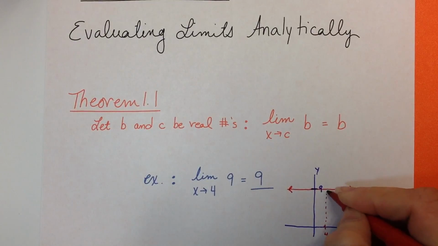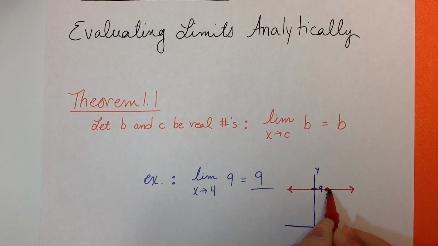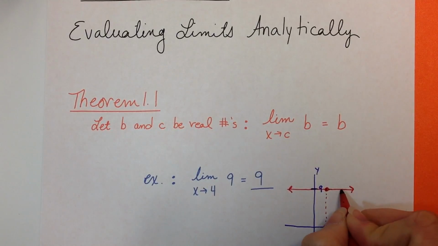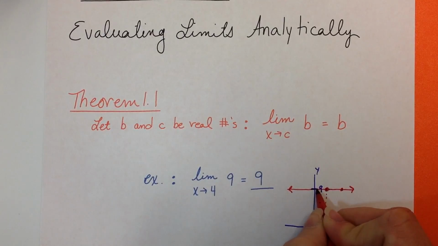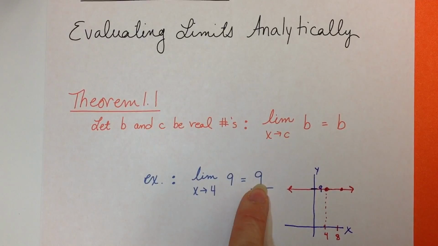If you go up, locate that on your graph, and approach from the right hand side and from the left hand side, the y value that you're approaching each time is still going to be 9. Even if I came down here and said, okay, well let's do as x approaches 8. Same thing. If I look at it from the right side, look at it from the left side, the y value is still 9. Your y value never changes from 9 when you have a horizontal line. So just remember, anytime you're asked to do the limit of a constant, then that limit is just whatever this constant is.